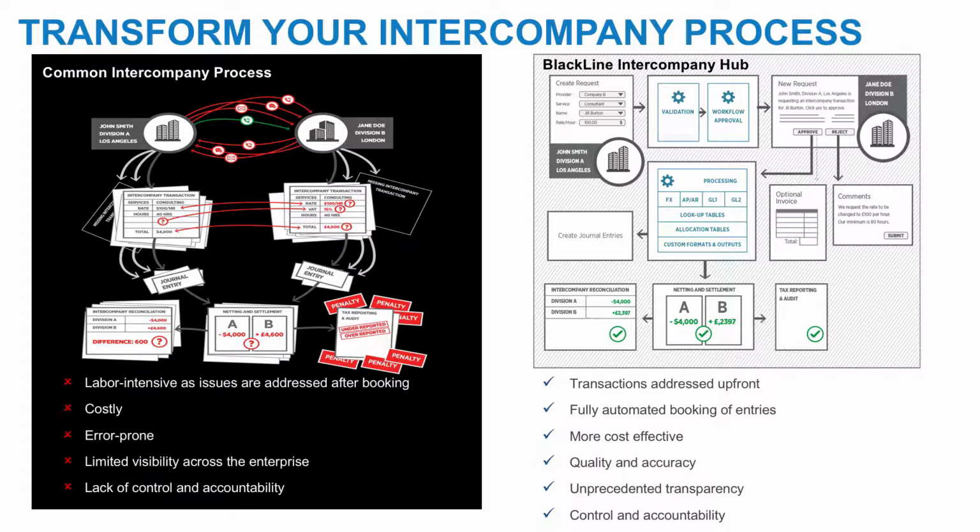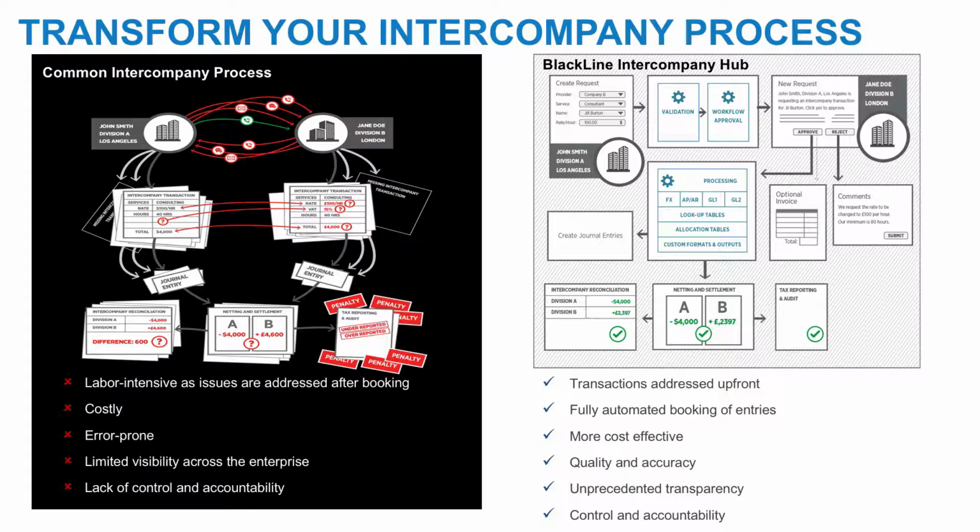The situation on the right shows the Intercompany Hub, BlackLine's Intercompany Hub product. You would enter a transaction through a transaction request, or you could import it from an existing ERP system. However you enter the intercompany transaction request, it's going to go through various levels of validation and approval. BlackLine can set fields automatically for you.